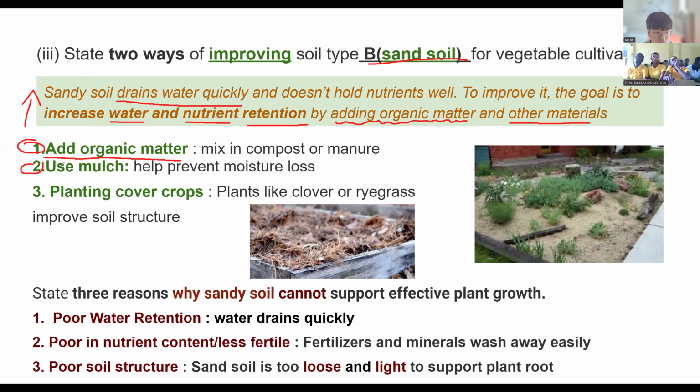You can use mulch. Mulch also helps prevent moisture loss. So sandy soil has large particles and mulch fills up the gaps in between. So it prevents the moisture loss.